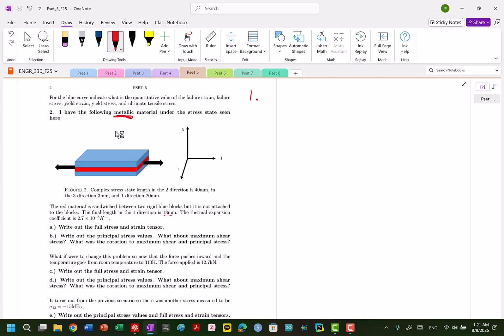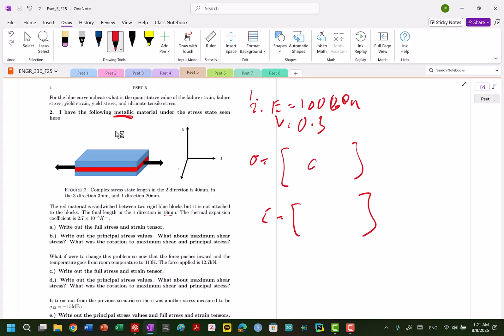So first step, coordinate system, we've got it. Second step, material: Young's modulus equals 100 gigapascals. Our Poisson ratio is 0.3 because it's a metal. Now we can start to write out the stress and strain tensors. In this material we're just pulling, so there's going to be stress in the 2-2 direction. It's sandwiched between the 2 rigid blocks, but we're going to assume frictionless.